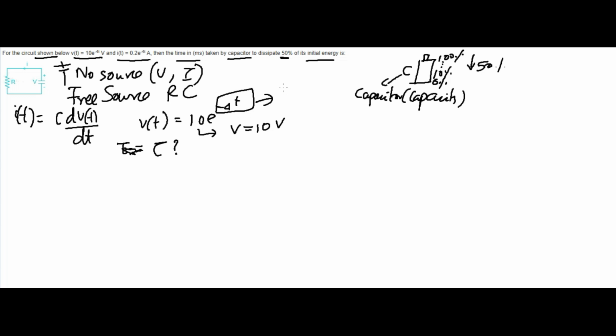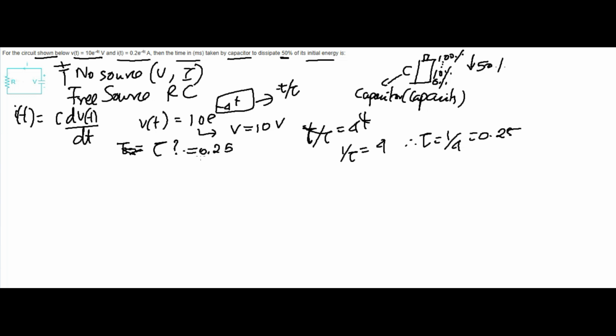This is in the form of minus t divided by tau, so t divided by tau is equal to 4t. The t gets cancelled, so 1 by tau is equal to 4, therefore tau is equal to 1 divided by 4, which is equal to 0.25. Don't forget this one.